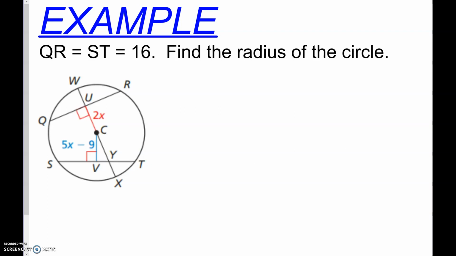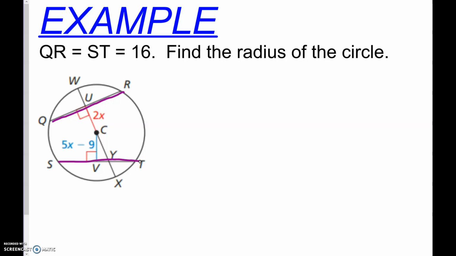All right. This looks like a big old mess, so some of you might want to pause this and look at it, but we'll come back and figure this out. They want us to find the radius of the circle. So what information do they tell us here? Well, they're telling us that QR and ST are congruent.